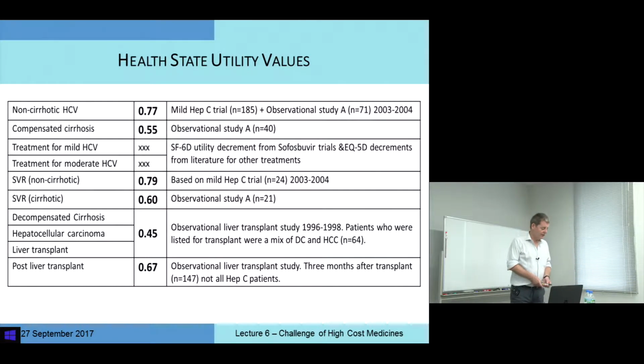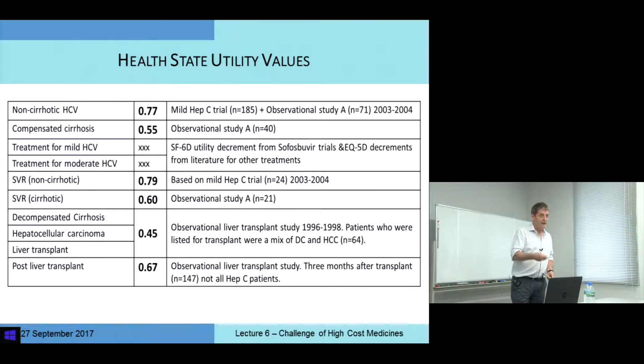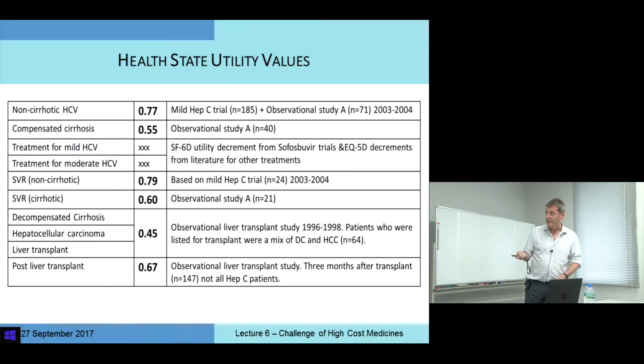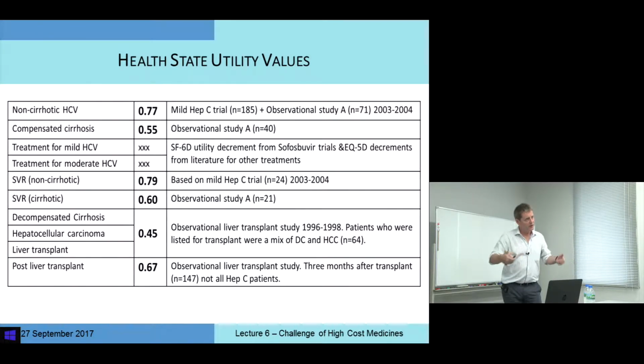And that's the characteristic of decision making, where a decision has to be made. You want to look at the evidence, you want the best evidence possible, but the best evidence possible may not be very good. And again, some of it's quite old data, 1996 to 98. But we need these numbers to weight the time people spend in the different health states, because that's going to give us our QALYs.